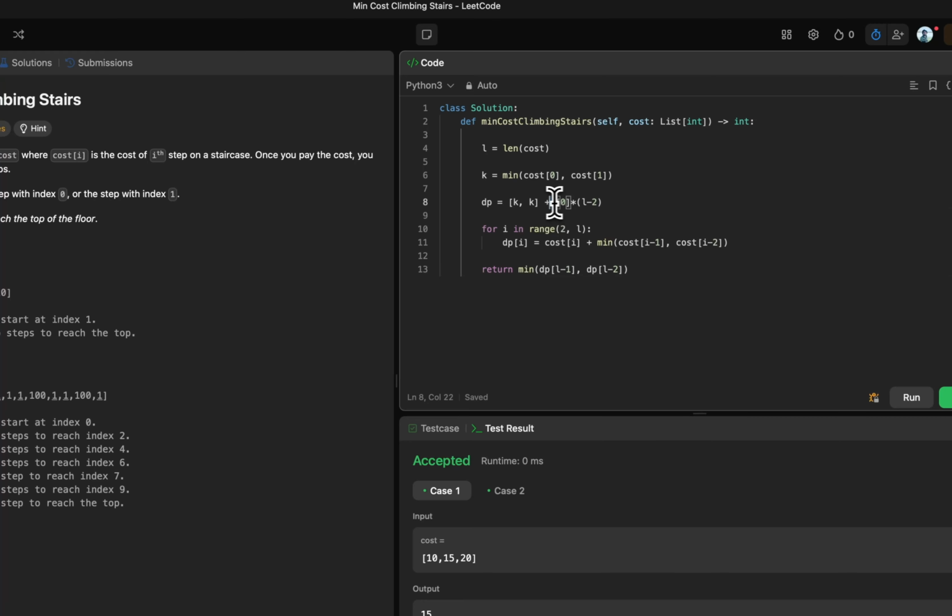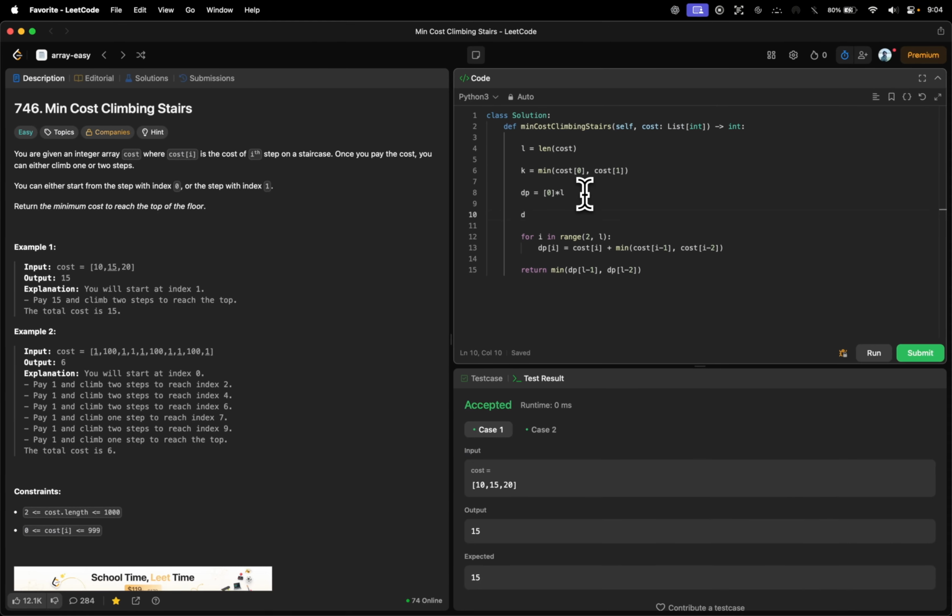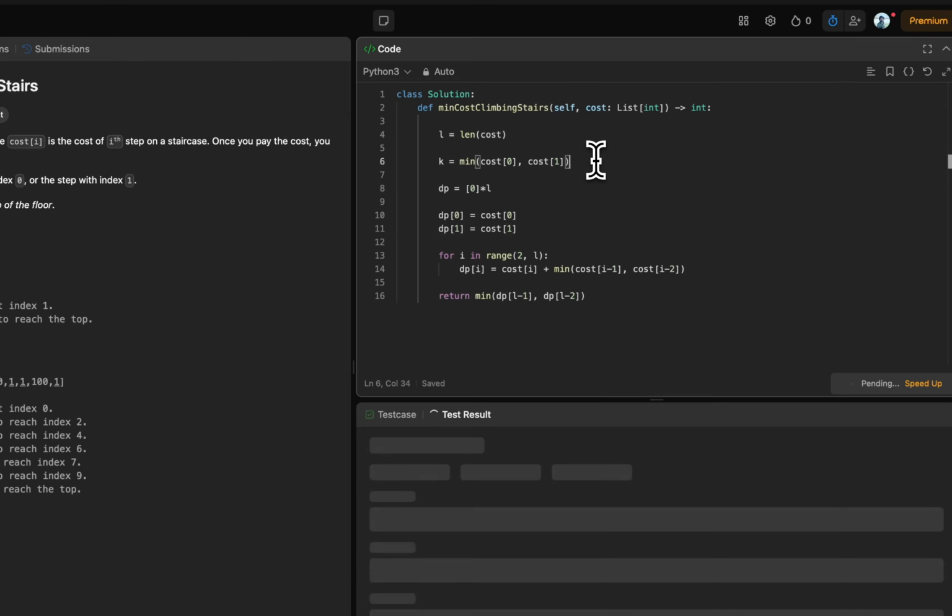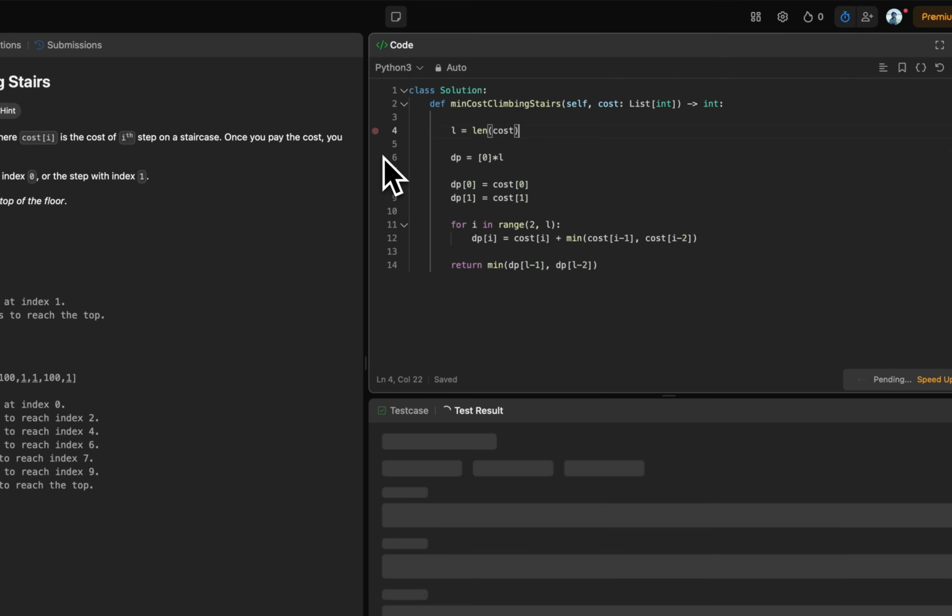So let me do it 0 into L, and then dp of 0 is equal to cost of 0, dp of 1 is equal to cost of 1. Let's see now.